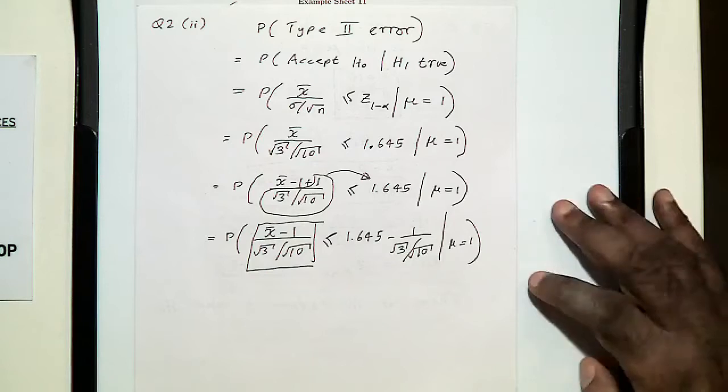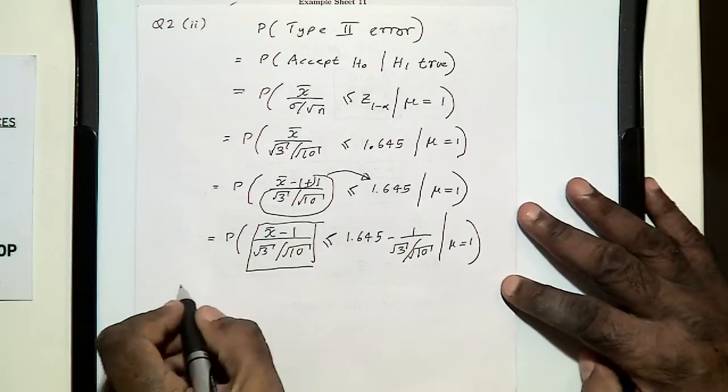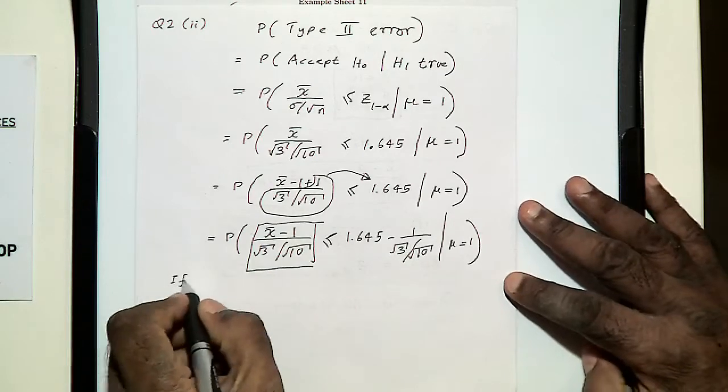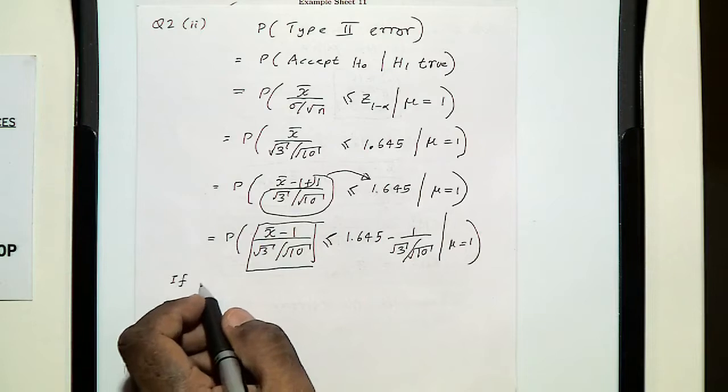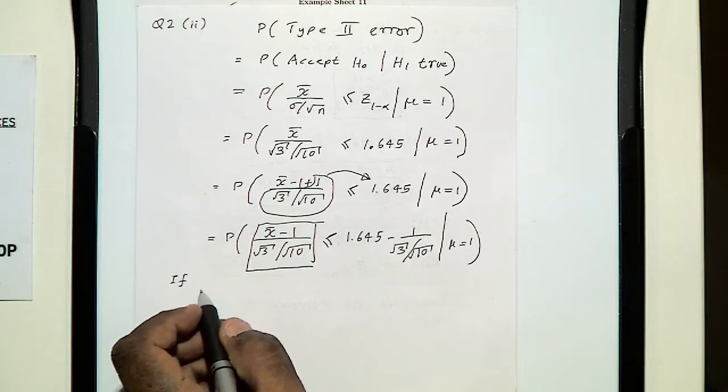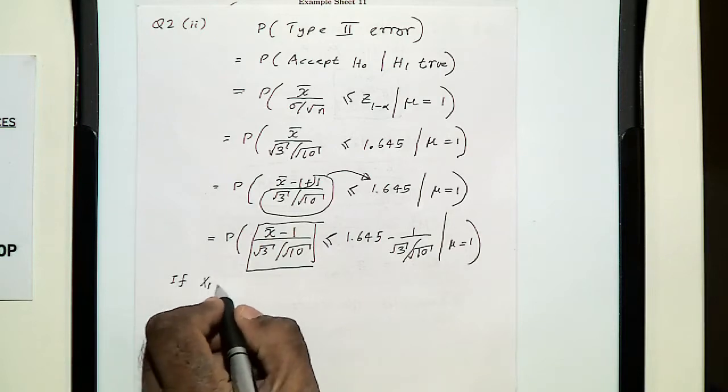Let me remind you of a result that maybe you forgot. We did this a long time ago when I talked about the normal distribution. One of the properties I gave you is the following.